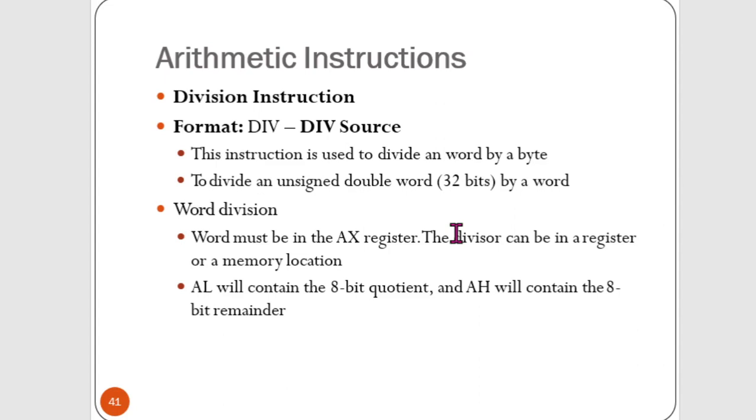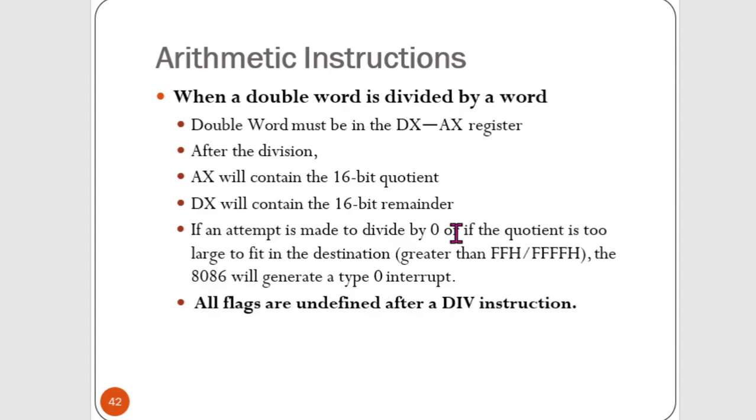AL will contain the 8-bit quotient and AH will contain the remainder when it is an 8-bit division. If it is a 32-bit division, then DX AX by AX, the DX contains the remainder, AX contains the quotient. So this is the division. It's very simple and similar as far as division is concerned.